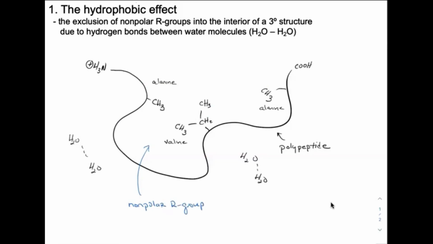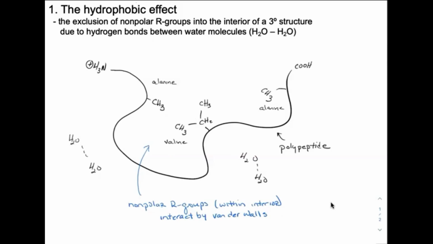There's only one way they can really interact, and they're only going to do it if they're very close together already, and that's by van der Waals interactions. So the van der Waals interactions will help stabilize this structure, but they're not going to be what forces the hydrocarbons to the inside. That's because of hydrogen bonds between water.